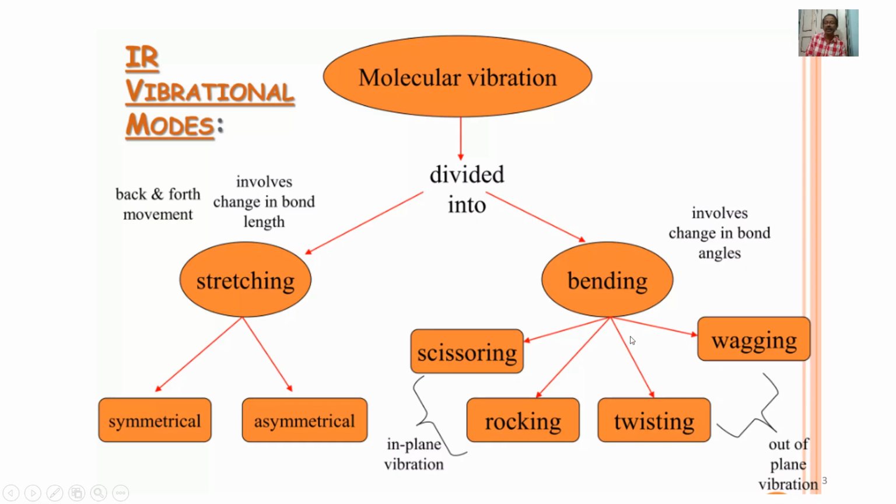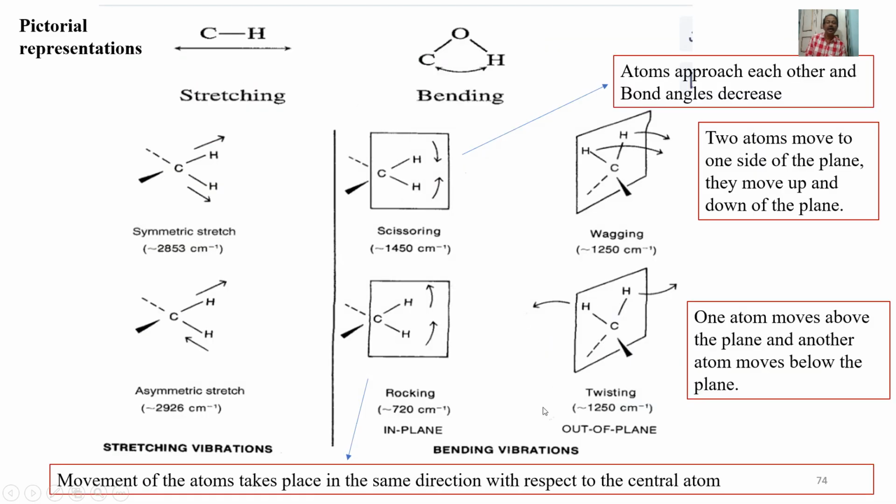Whereas bending vibration is nothing but which involves change in bond angles, which has four types: scissoring, rocking, twisting, and wagging. Scissoring and rocking belong to in-plane vibration, whereas twisting and wagging belong to out-of-plane vibration. And this is a pictorial representation of those types.